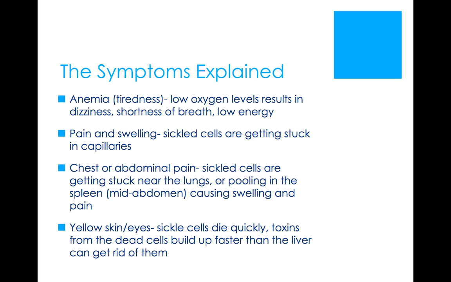In this case, the toxins are from the dead cells that are dying really quickly, with the 10 to 20 day life cycle they have. They have toxins in there that the liver generally can get rid of, but they're dying quicker than the liver can process them. So you end up getting this yellow, sickly skin and eye color. And by the eyes, I mean the white of the eyes, not the pupil and iris.